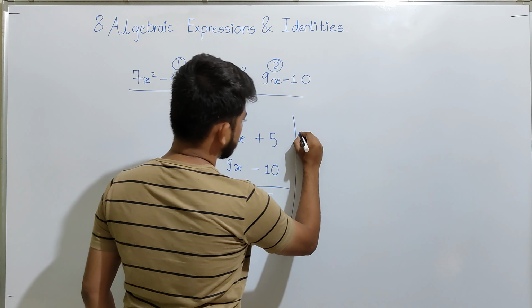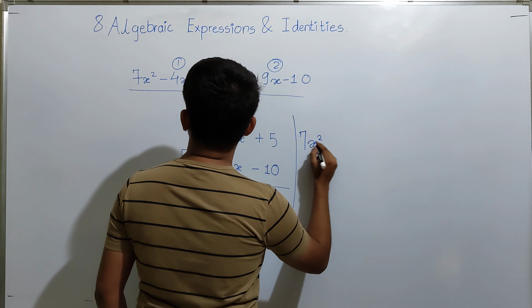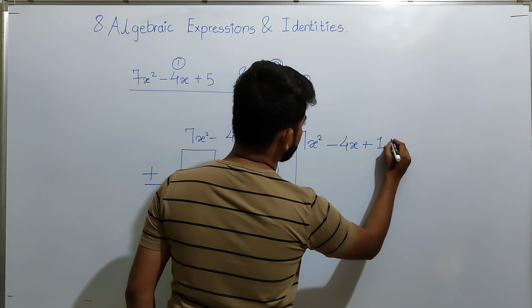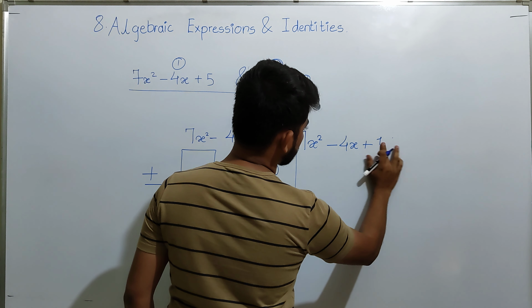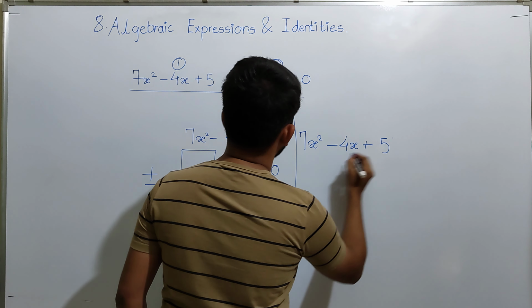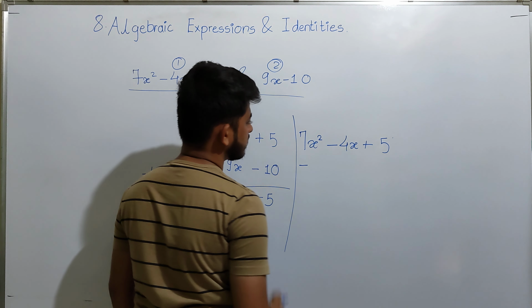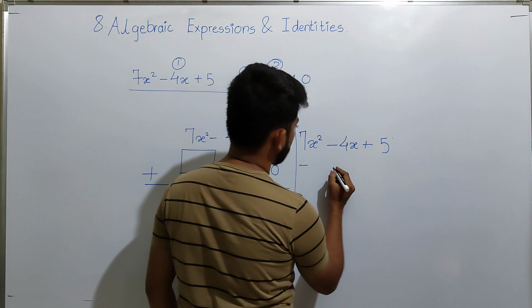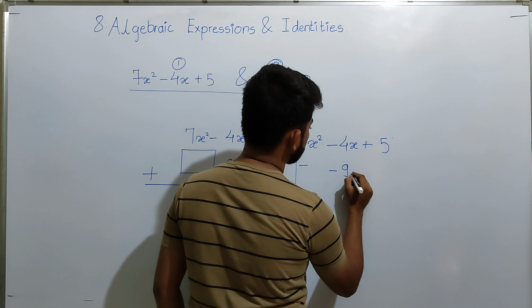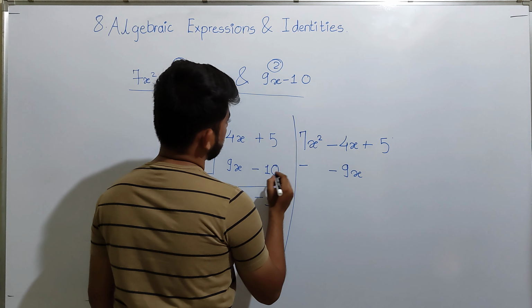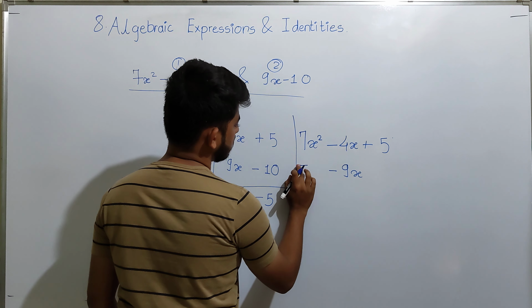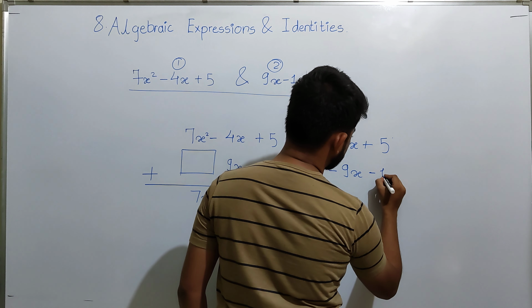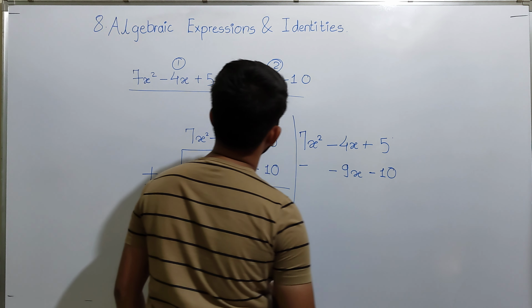So I'll write here 7x square minus 4x plus 5 minus, now is there any x square variable over here? No. I'll write minus 9x minus 10.